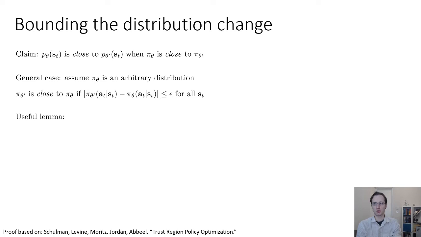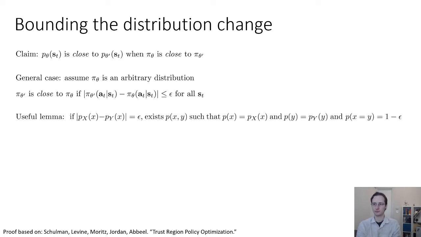Okay, so a useful lemma that we're going to use for this analysis is this one. This lemma will take a little bit of unpacking, and I'm not going to prove it. This is in prior work, but it's referenced in the trust region policy optimization paper at the bottom.